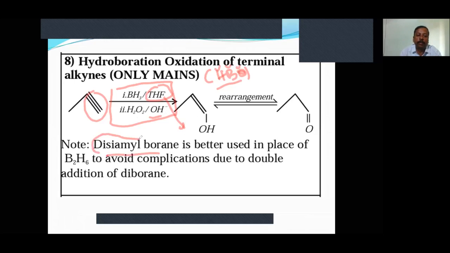In the exam they will write it like that. Disiamylborane is better used in place of B2H6 to avoid the complication due to addition across the triple bond. The triple bond is added with the OH, then it undergoes rearrangement. So what will it form? Aldehyde. This is the eighth method.